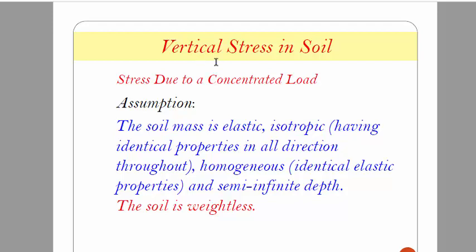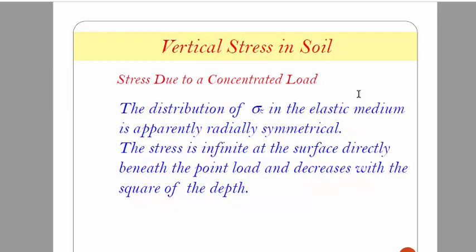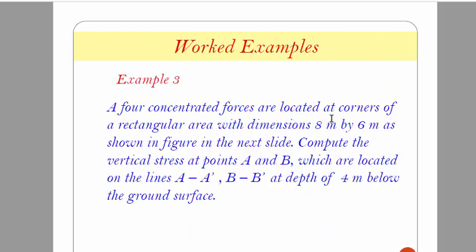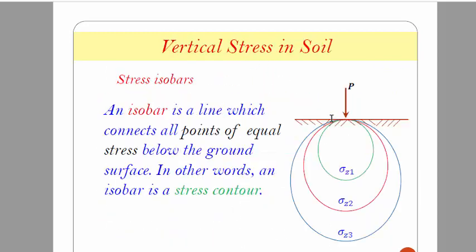For example, if we apply some load on a footing through the column, in terms of dead load and live load, vertical stresses are introduced into the soil. These are formed as isochrones, isobars.